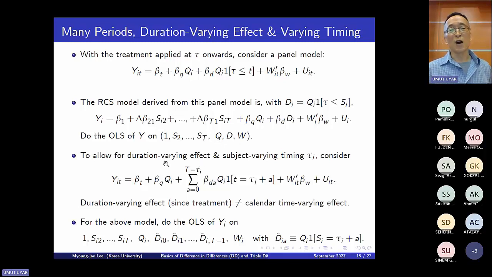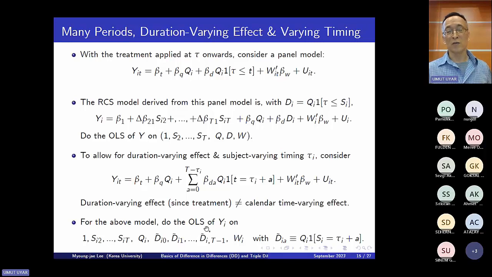And if you want to allow duration-varying effects and subject-varying timing, you can start from this panel data model and derive the corresponding RCS model, and you can apply OLS to the RCS model.